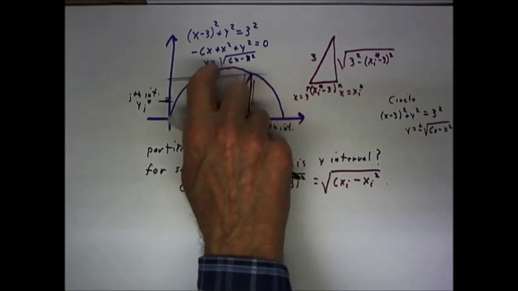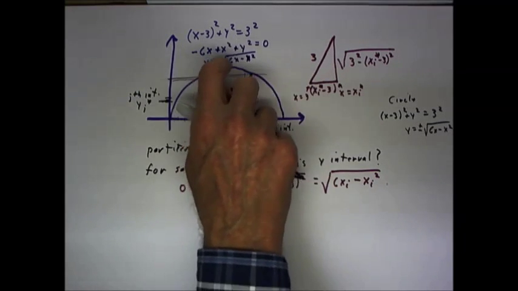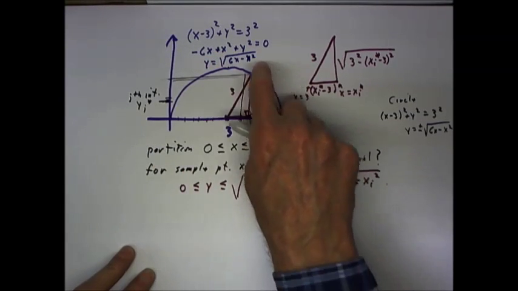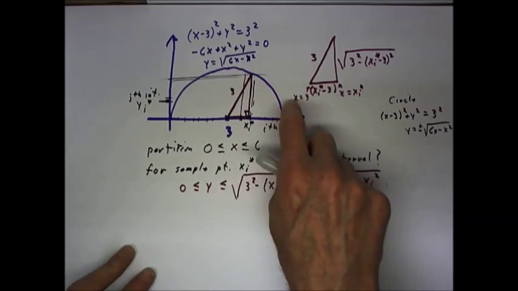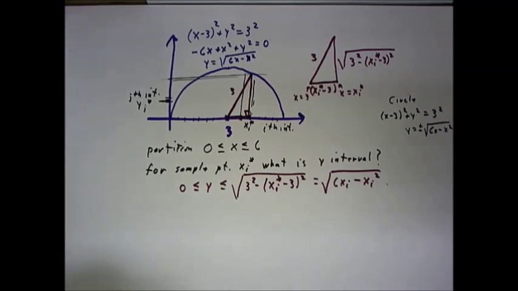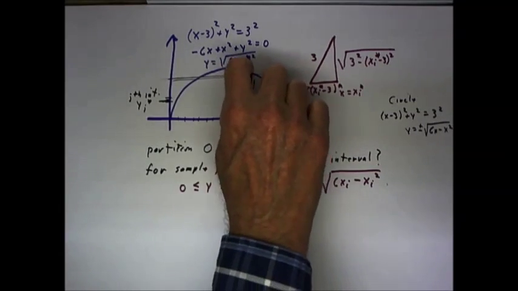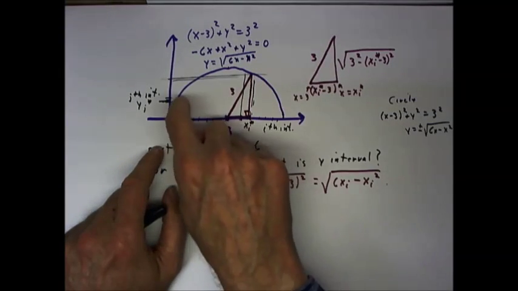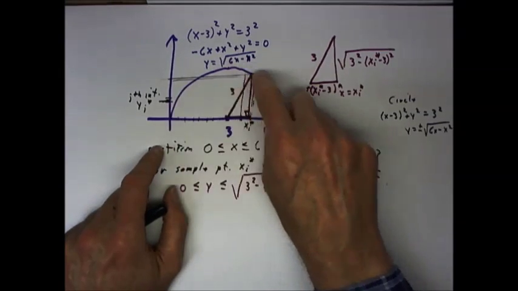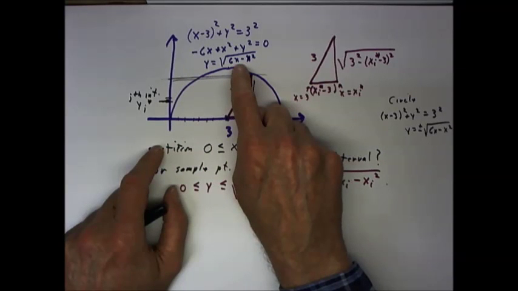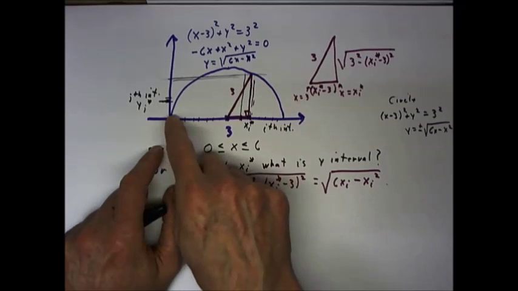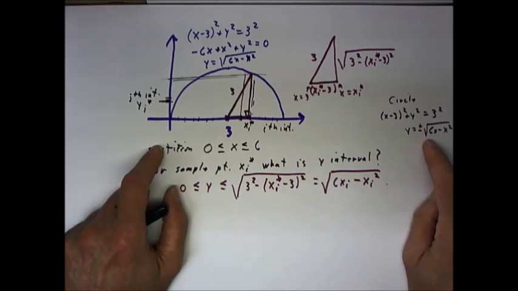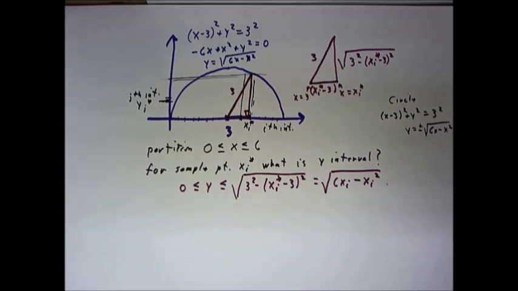I was actually a little careless up here. If we solve this for y, we do get a plus or minus, but we just implicitly chose the plus because the y values are always positive here, and the value of the square root must be positive. If we wanted to do the whole circle, then we'd be bounded above by the circle y equals square root of 6x minus x squared, and below by the half circle y equals minus the square root of 6x minus x squared.